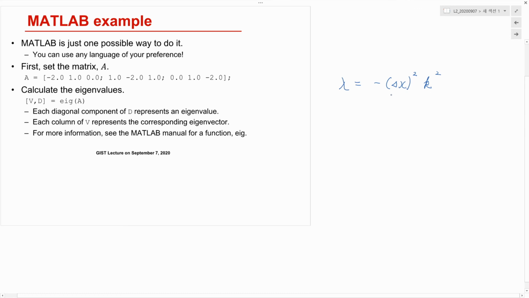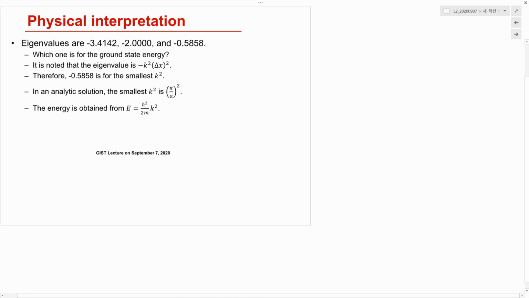So if we insert proper values of delta x, then from these lambda values we can find the value of k. The actual estimation of the physical validity of this lambda is up to you, and please check it. This one contains the physical interpretation of eigenvalues, and please do it by yourself.